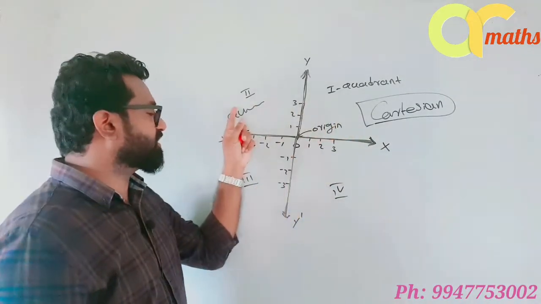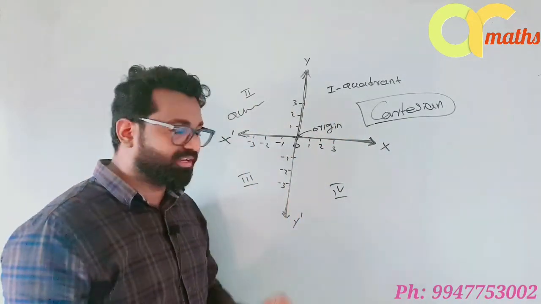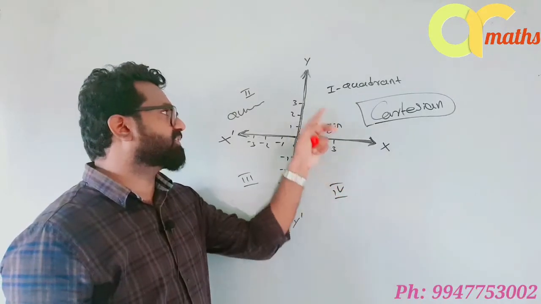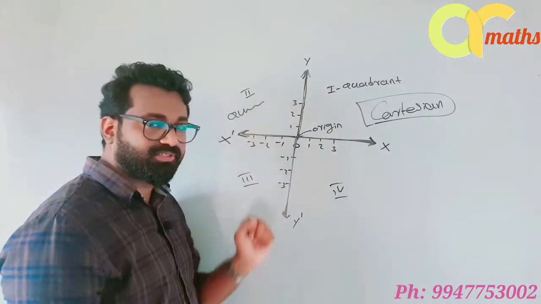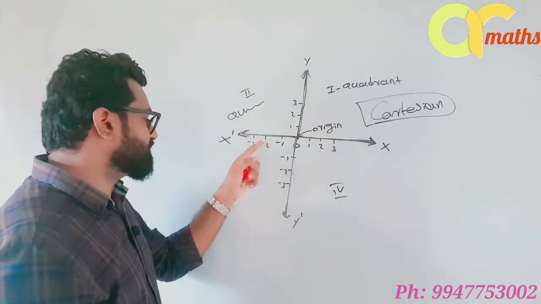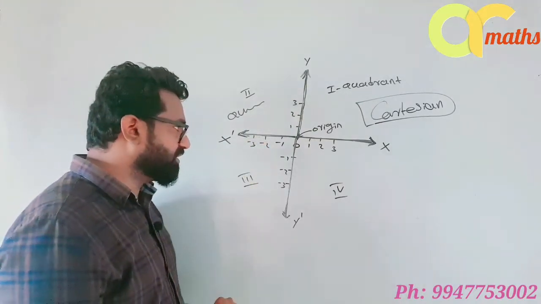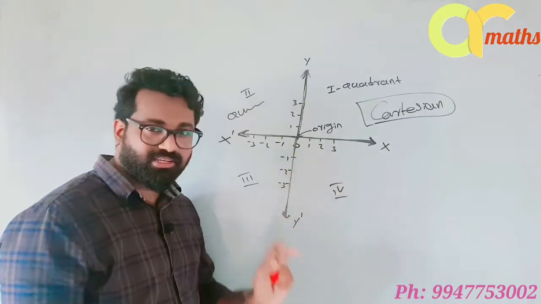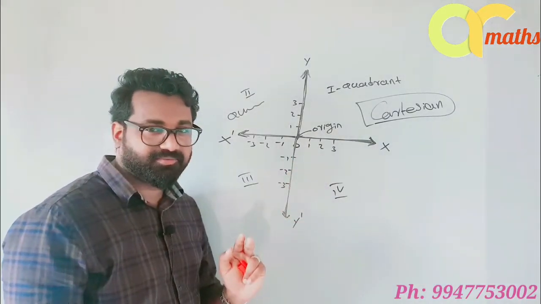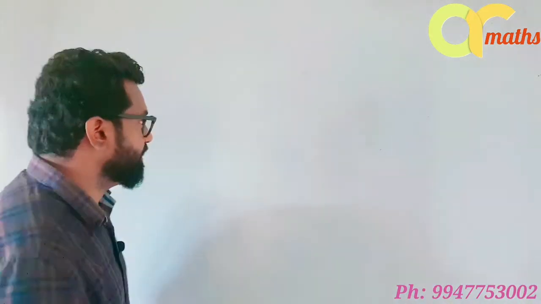First quadrant, second quadrant, third quadrant, fourth quadrant. In the first quadrant, x and y are positive. In the second quadrant, x is negative and y is positive. In the third quadrant, x and y are both negative. In the last, fourth quadrant, x is positive and y is negative. Clear?